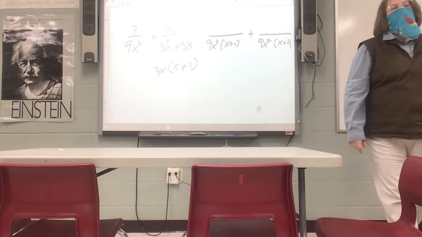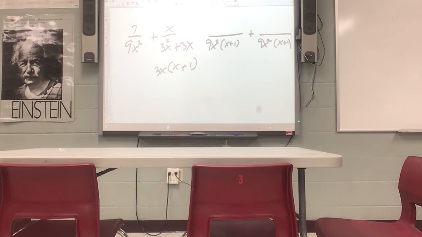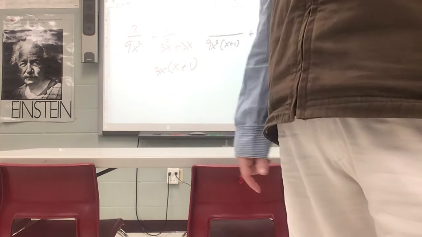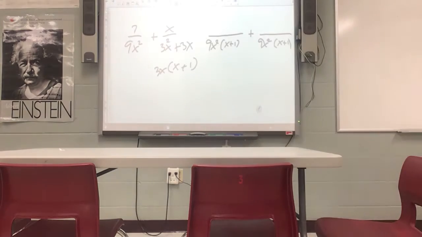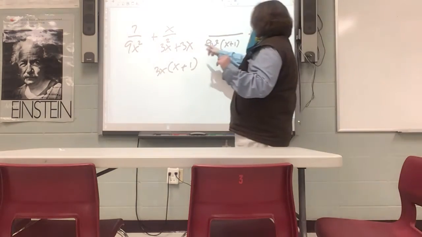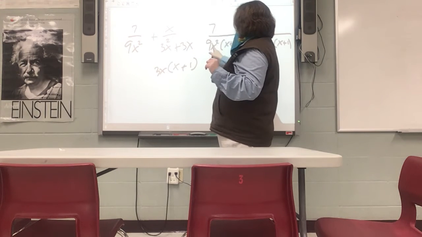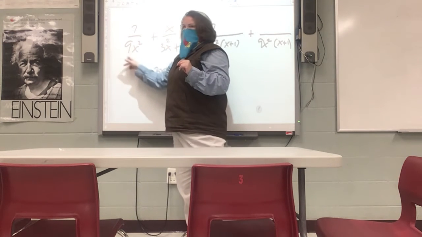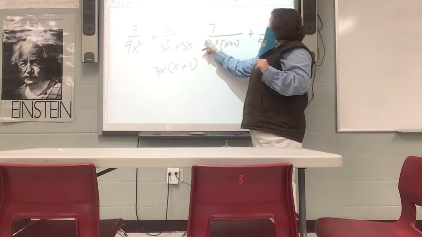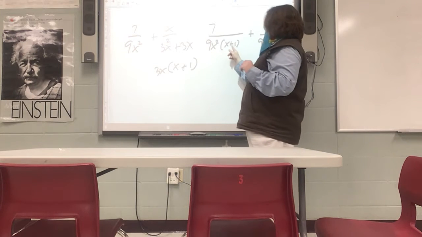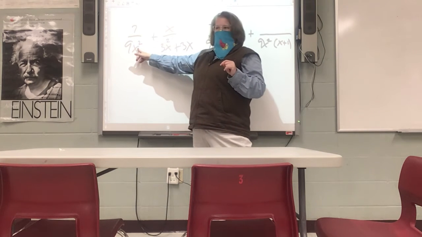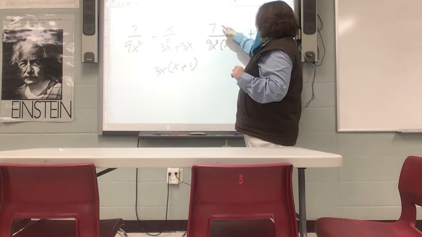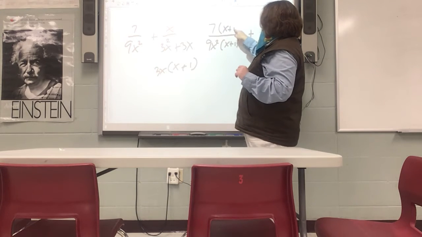When you were taught to work with fractions, there was always a rule: whatever you did on the bottom, you had to do on the top, right? The original one started with a 7 over a 9x squared, so we didn't change that. But look what's new here that wasn't there originally. We have to multiply that top by x plus 1.